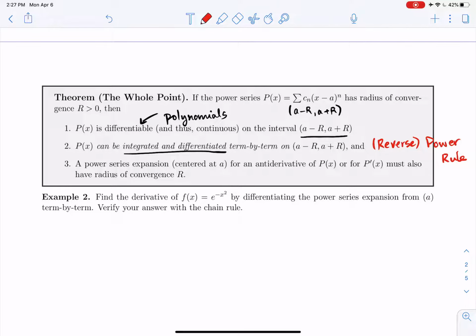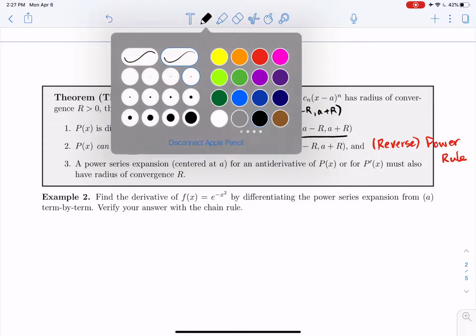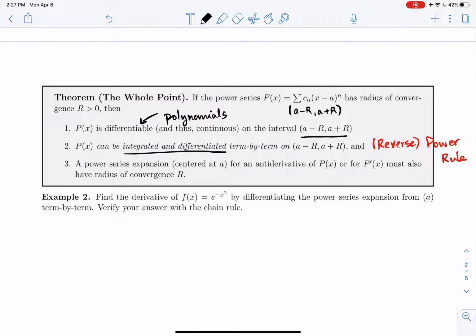Last thing is that if you have a power series p centered at some number a, then its antiderivative or derivative also has the same radius of convergence. This just saves you time, all right?